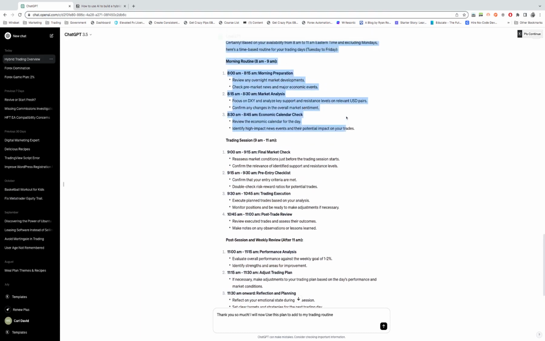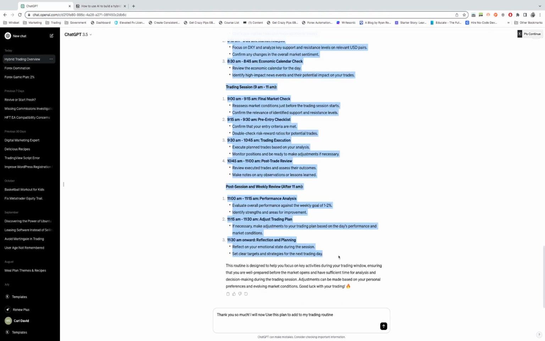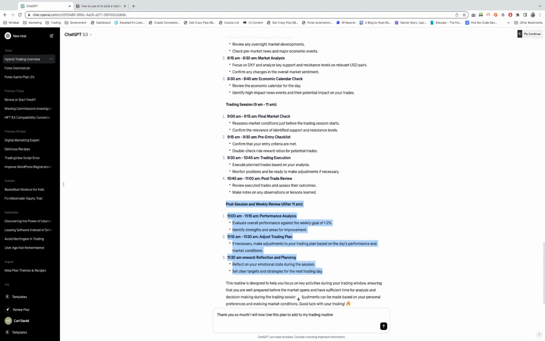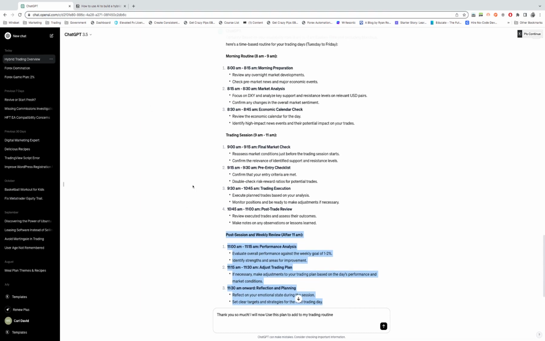So you can literally print this out and say, okay, my morning routine is on one flashcard. My trading session is on flashcard 2. And after I trade, that's flashcard 3. 3 flashcards help you grow capital consistently because now you're doing it without emotion and you're checking yourself through the process.